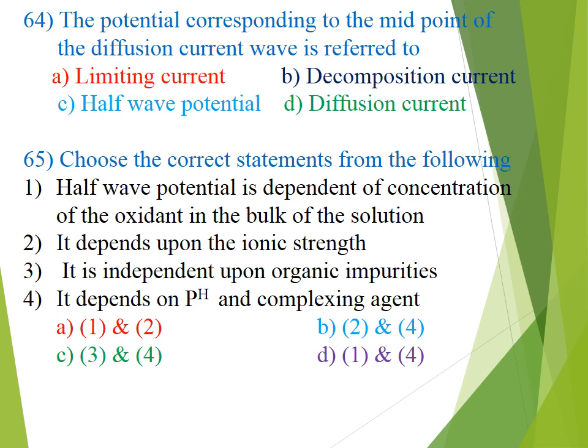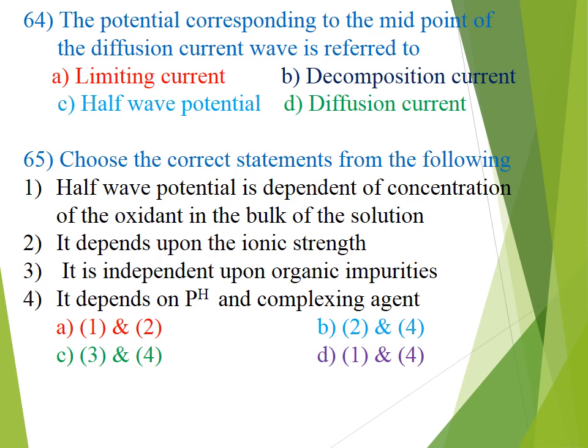Question number 64. The potential corresponding to the midpoint of the diffusion current wave is referred to as C, half-wave potential. 65. Choose the correct statement from the following. 1. Half-wave potential is dependent on the concentration of the oxidant in the bulk of the solution. 2.